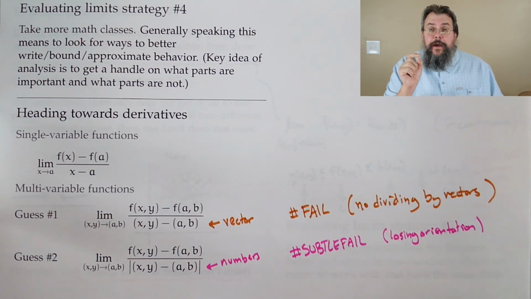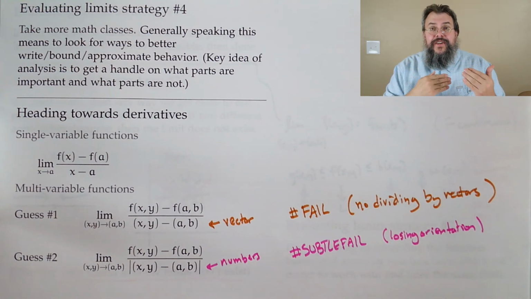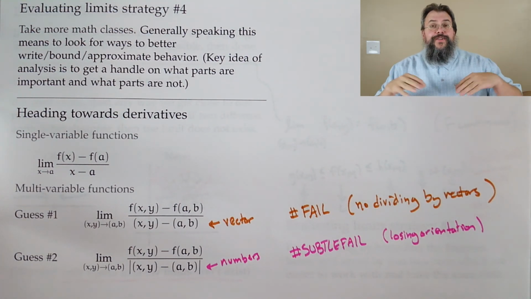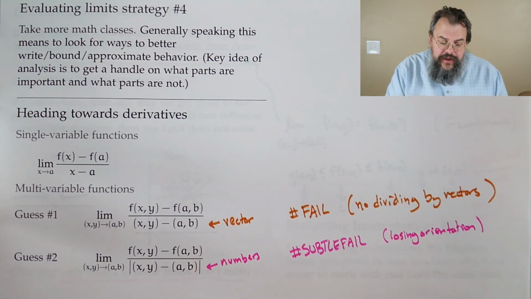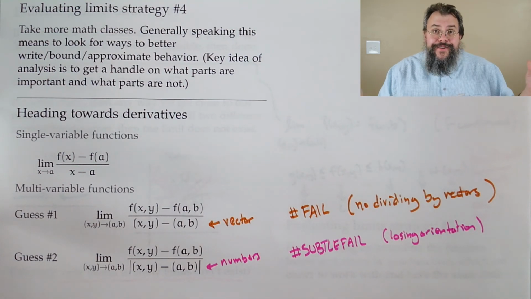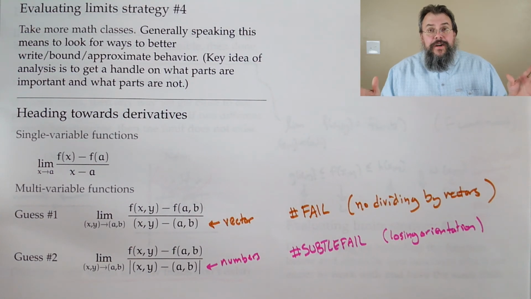So it wasn't just the absolute value of x minus a. It was like, well, x minus a was positive or negative, which was an orientation, a direction. Once you take the magnitude, you lose that orientation and you lose information. So it turns out something similar happens here. And so that will also fail as a derivative. It just won't work. And it really can't work.